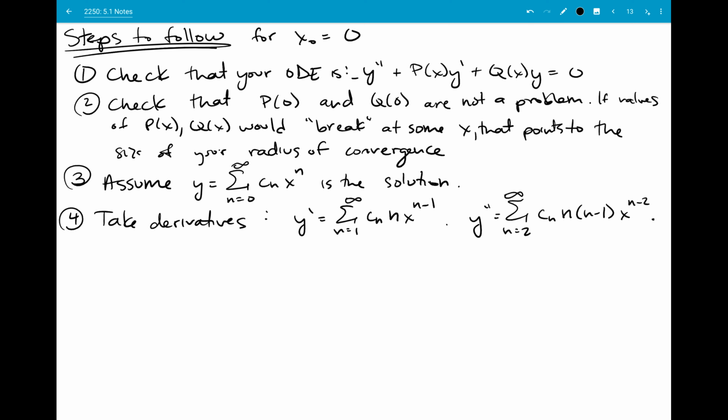So then from there, you're going to plug y prime and y double prime into your ODE.